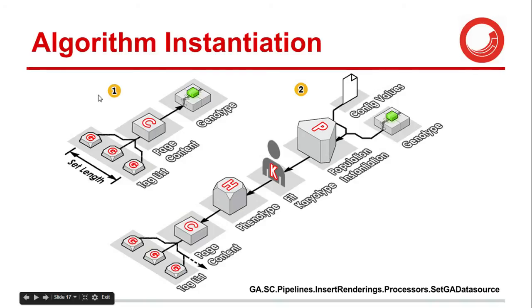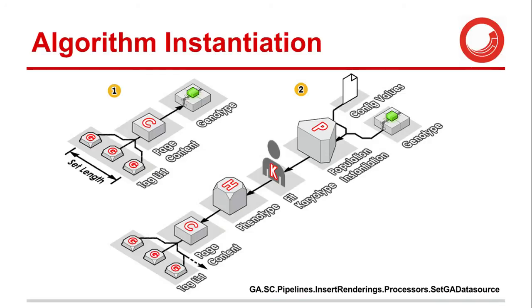When it comes to instantiating this algorithm, the first step is to define your genome. This is done in the GA.SC pipelines insert renderings processor set GA data source class. So this is the pipeline class that does it. The first thing it does is create a genotype list.